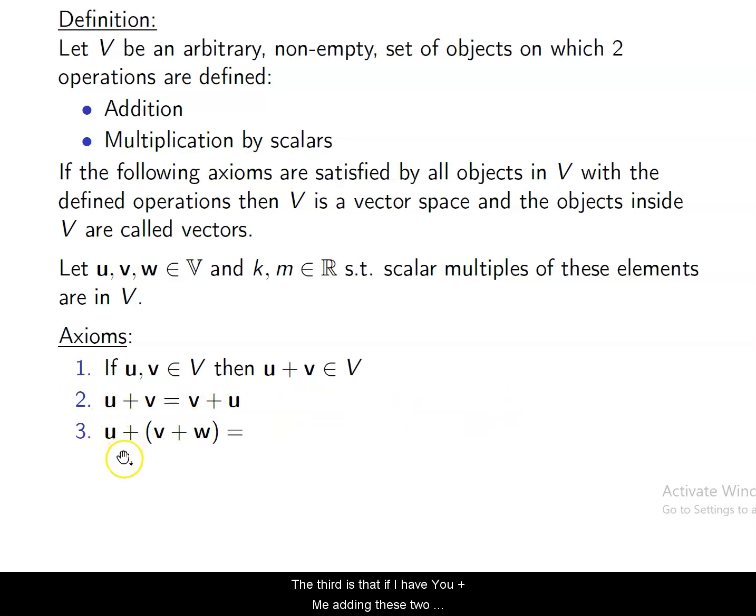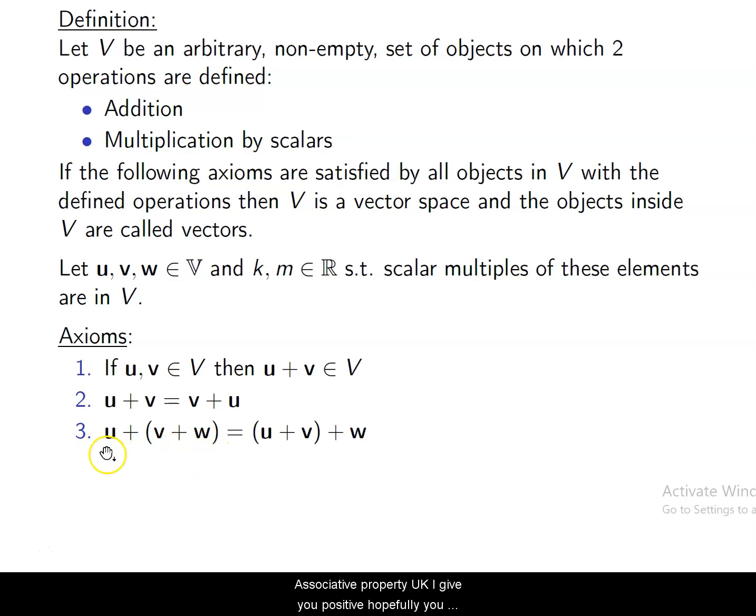The third is that if I add v and w together first and then add that to u, order of operations, that should be the exact same as if I were to add u and v together first and then add in my w. You may remember this property too. It has a name. It is the associative property.